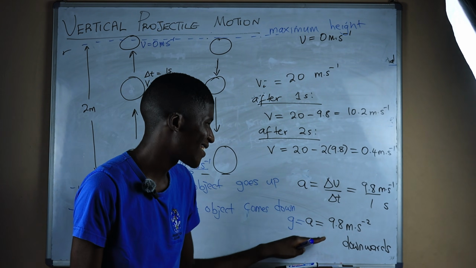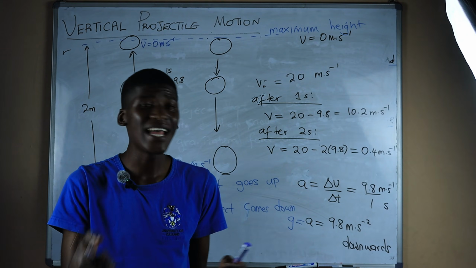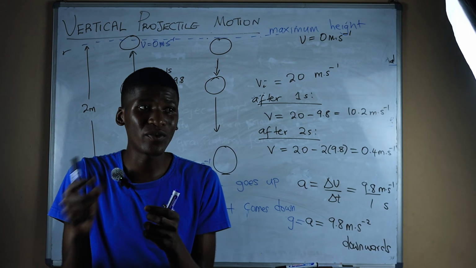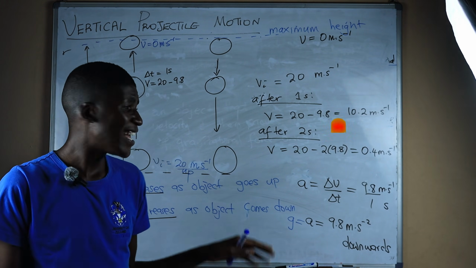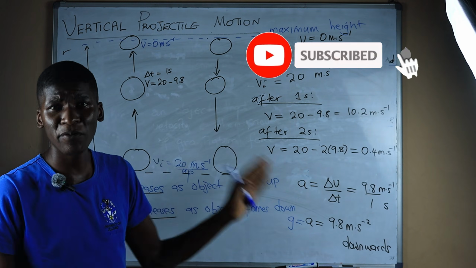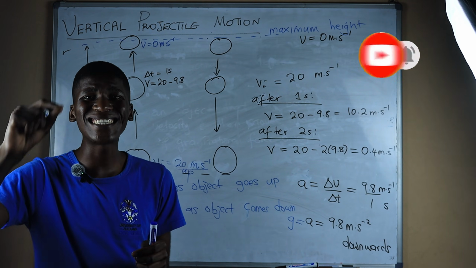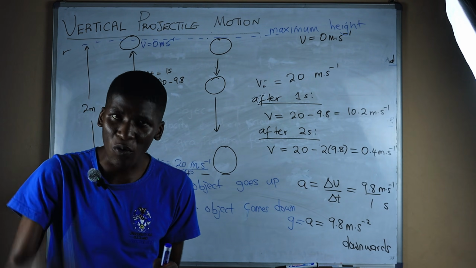Okay, that is why the acceleration here is downwards, because you learned Newton's second law: whenever you apply a net force, the object will accelerate in the same direction as the net force. So in this case, the force that is being applied to a projectile or to an object under free fall motion is the gravitational force, and gravitational force always acts downwards.